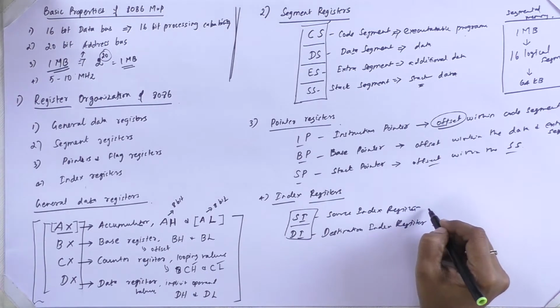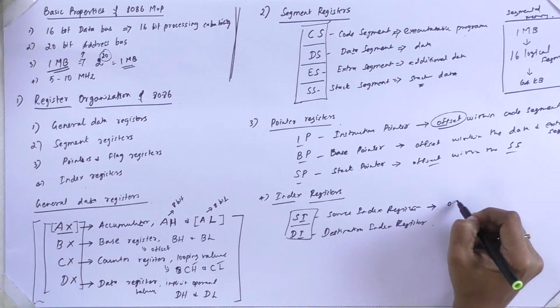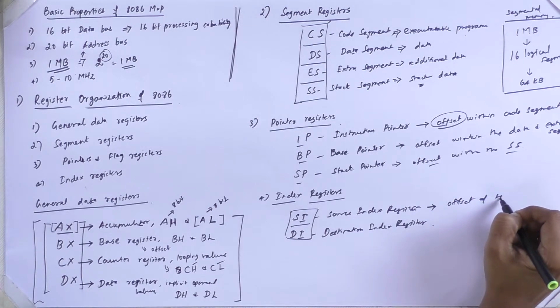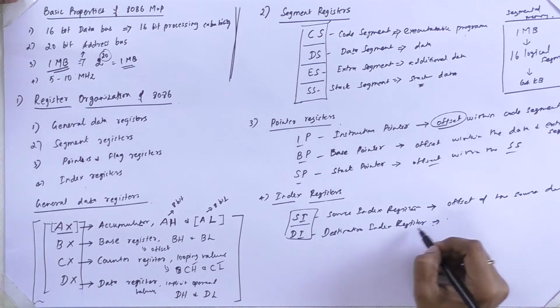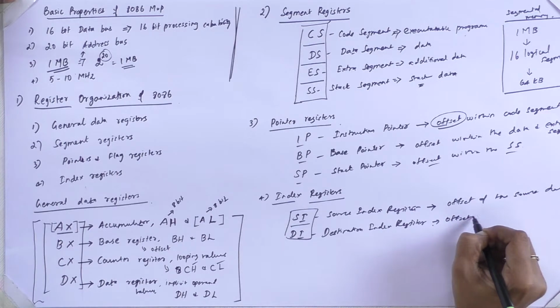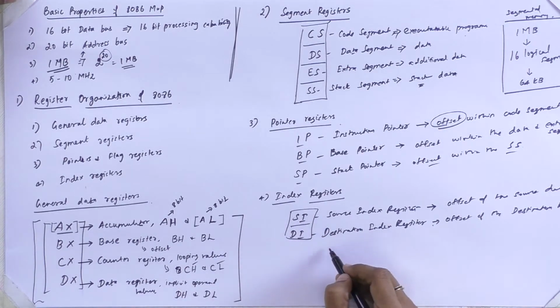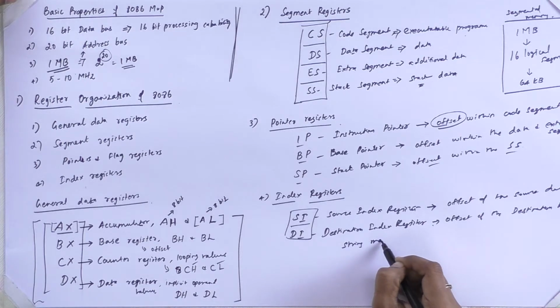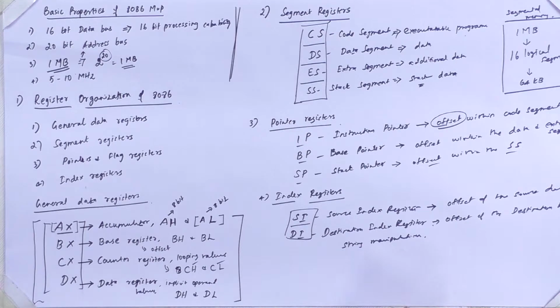From the name itself, we can infer that the source index register contains the offset of the source data, and the DI register contains the offset of the destination data. These two registers are widely used in string manipulations.